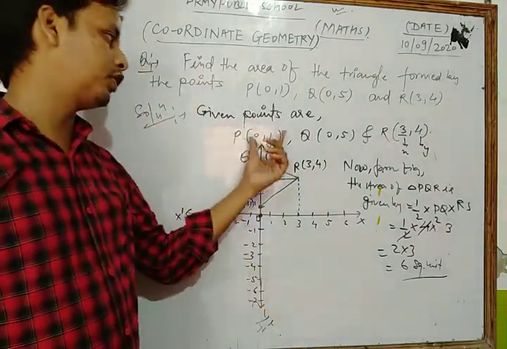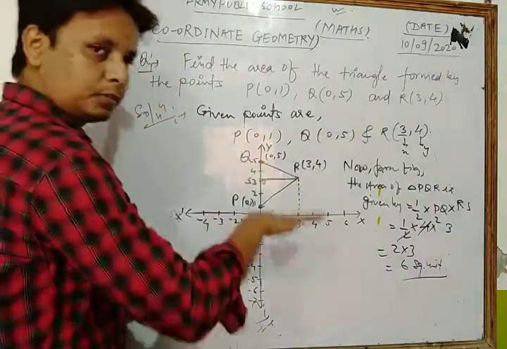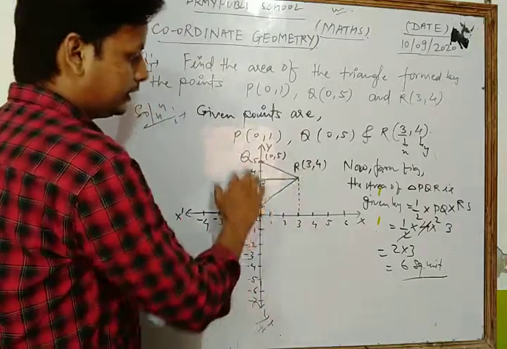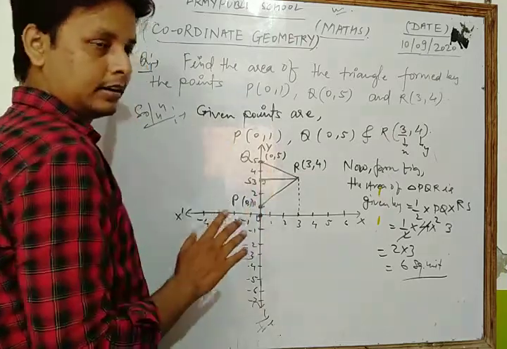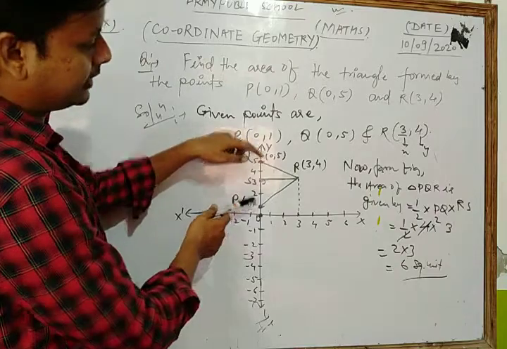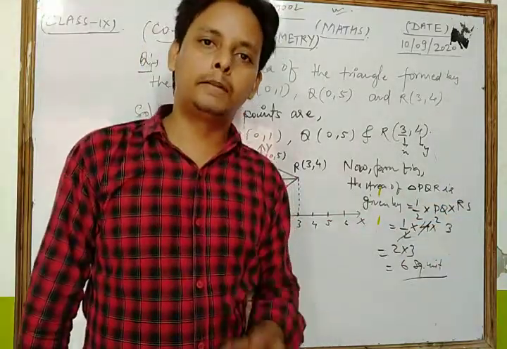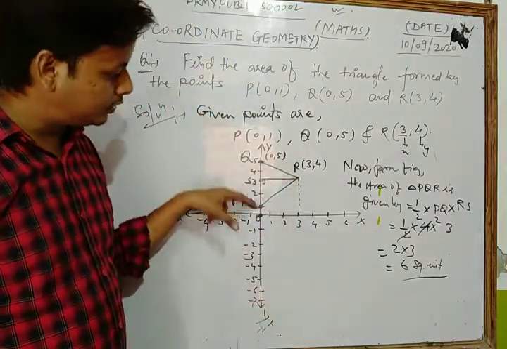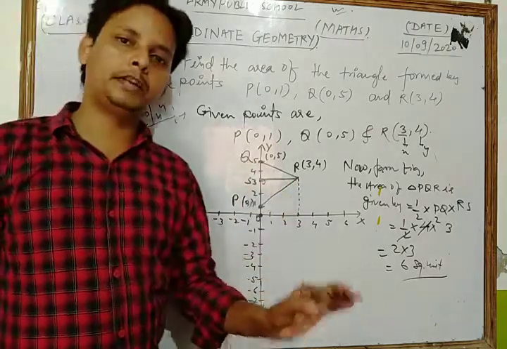After plotting the points, we join all 3 points, then they form a triangle PQR. After that, dear students, look at the diagram. We know that the general formula of area is 1 upon 2 base into height. In triangle PQR, PQ is the base and RS is the perpendicular height.